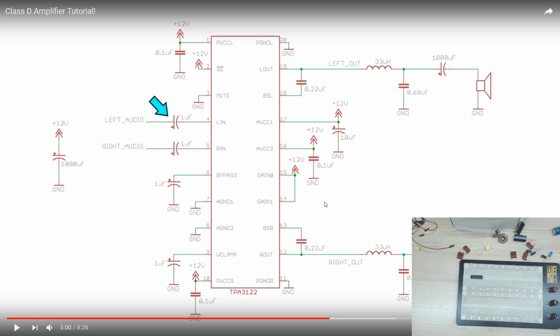For those two pins, as well as the gain pins, have to be connected to 12 volts.